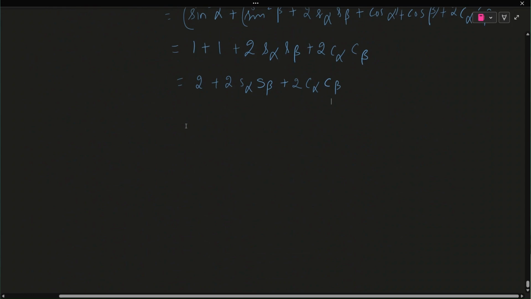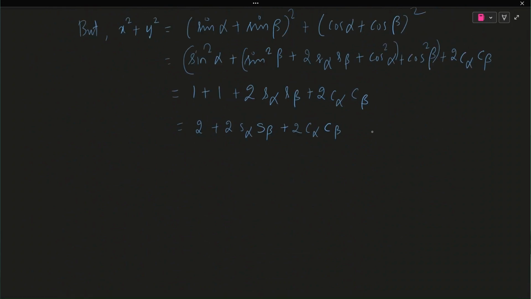This I can write as cos A cos B plus sin A sin B, that format. So I would get 2 plus 2 common, and I would get cos of alpha minus beta. So cos of A minus B is equal to cos A cos B plus sin A sin B. So I am just substituting that. So this is what x square plus y square would bring me.